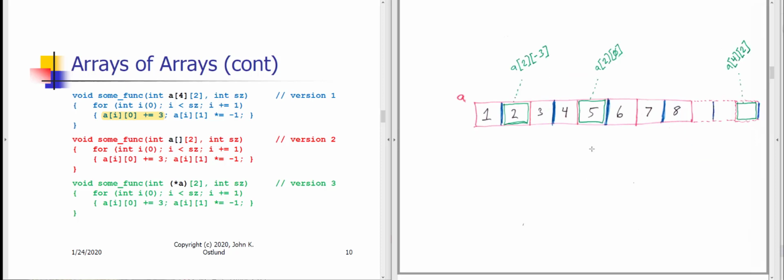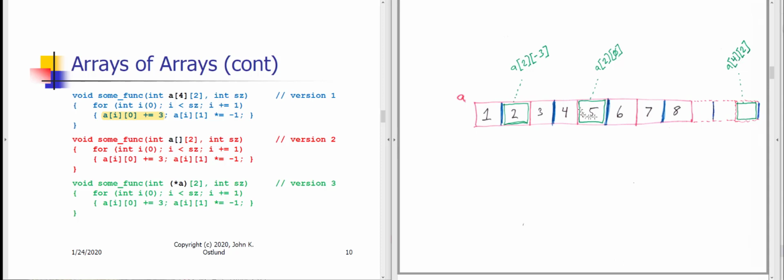Here we have a couple more somewhat similar examples. All right, A sub 2 is this array of 2 ints here containing the 5 and 6. A sub 2 sub 0 is the 5. Now, again, we don't have any bounds checking going on, and it turns out that C++ allows me to use negative subscripts.